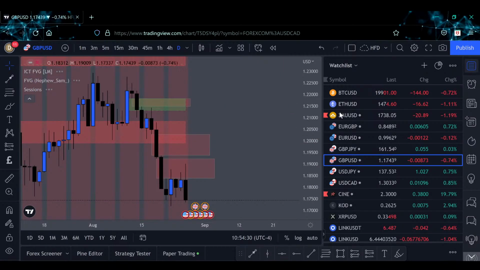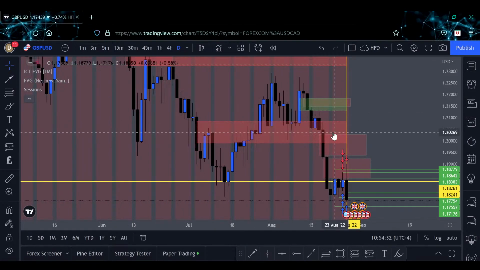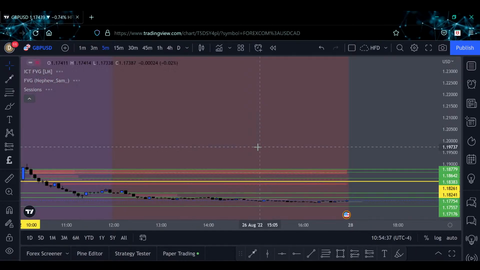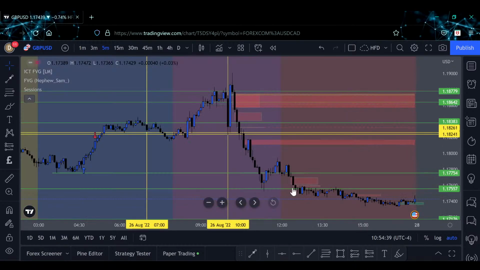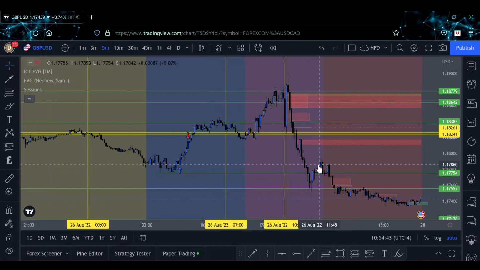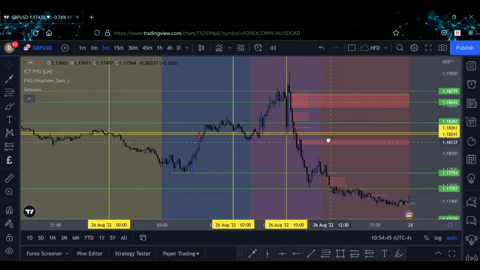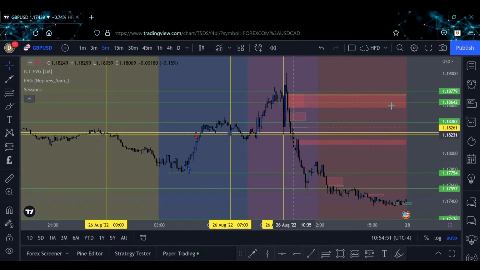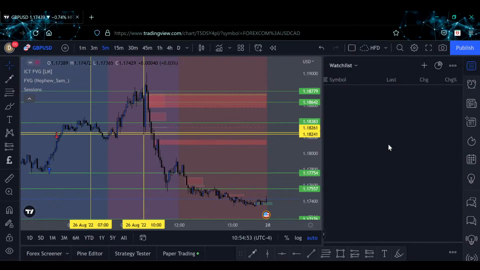Go to GBP/USD. Well, maybe mark up actually.